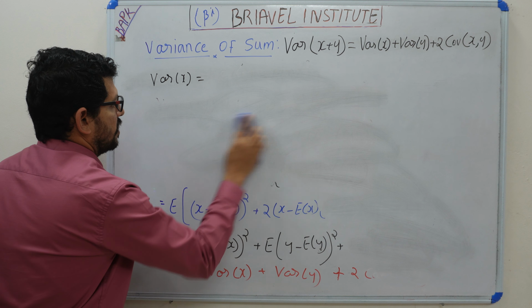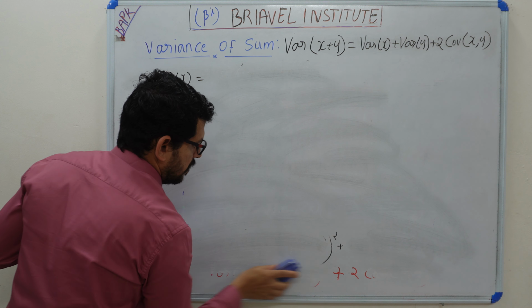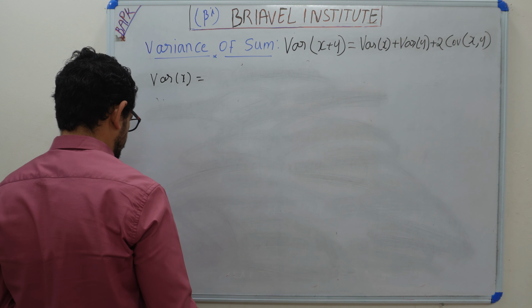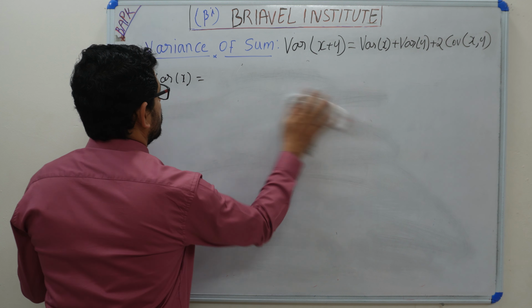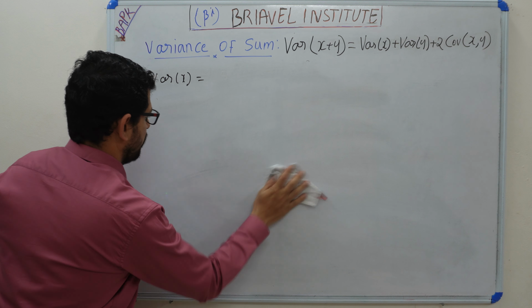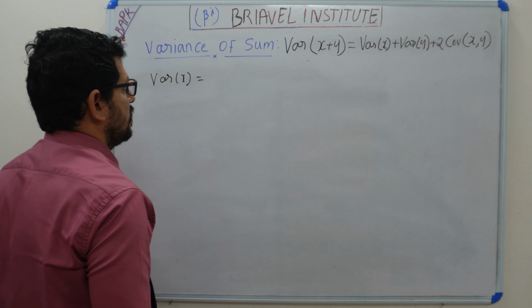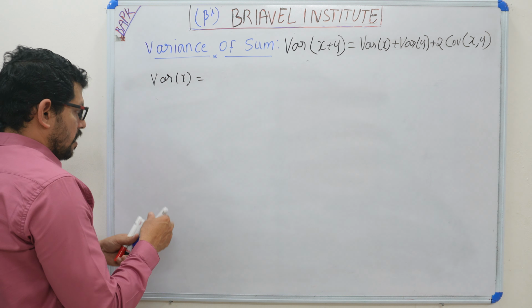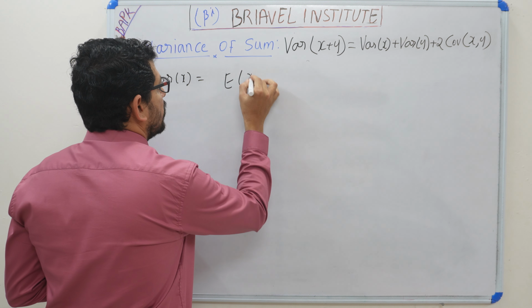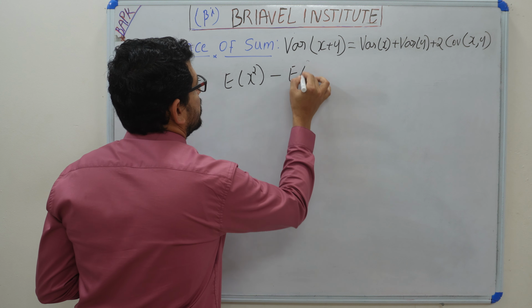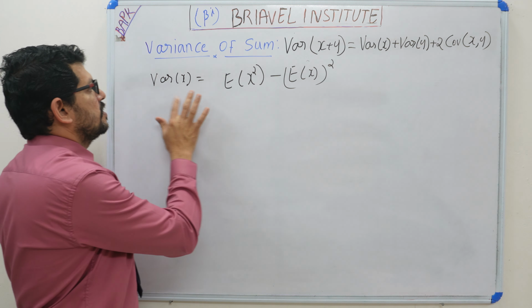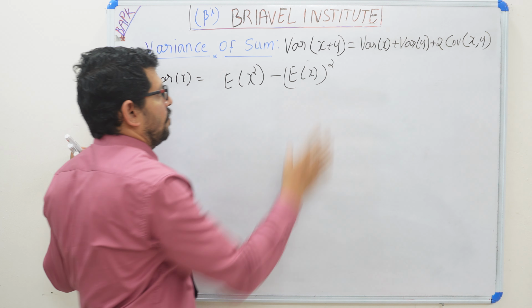The variance of H we can write also like that, one more formula we studied: variance of H is equal to expectation of H square minus expectation of H whole square.